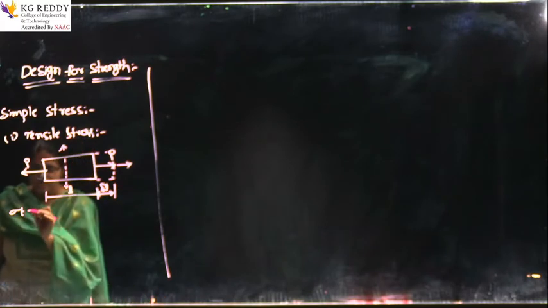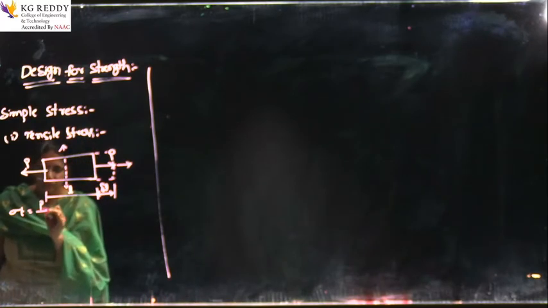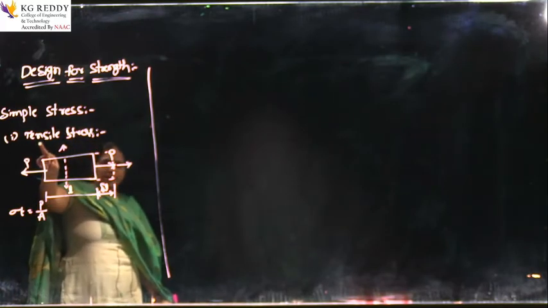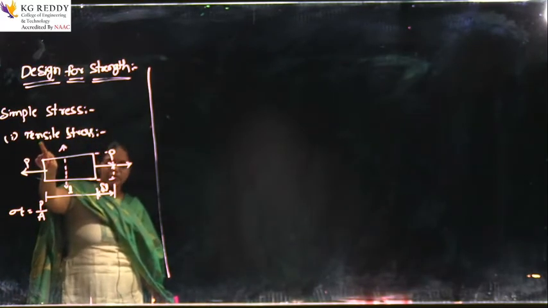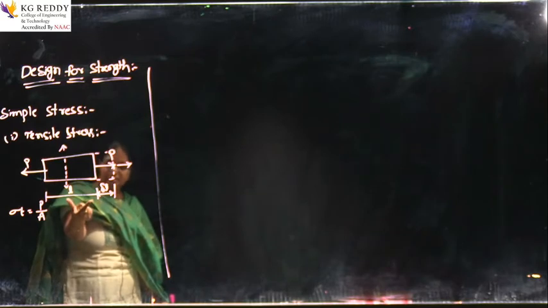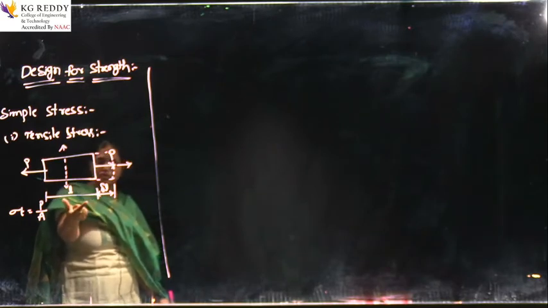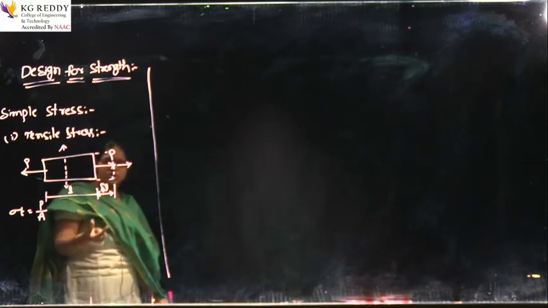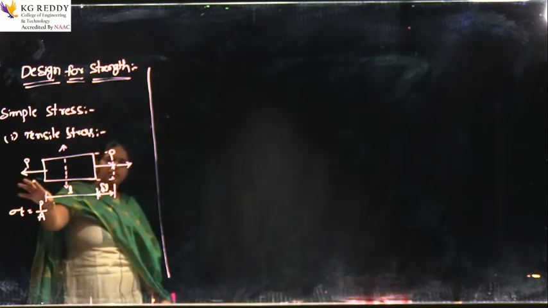Therefore, sigma T equals applied load divided by area of the cross section, that will be called tensile stress. But here we also noticed one more point, that the original length of the body will be elongated due to the application of the two equal and opposite pulls.